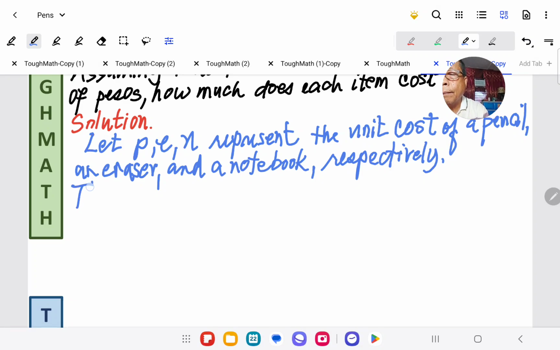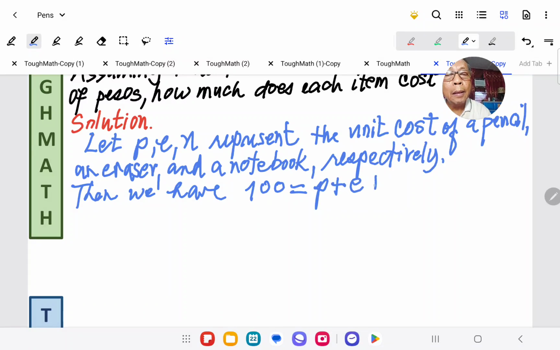Then from the first statement, we have 100 is equal to P plus E plus N.